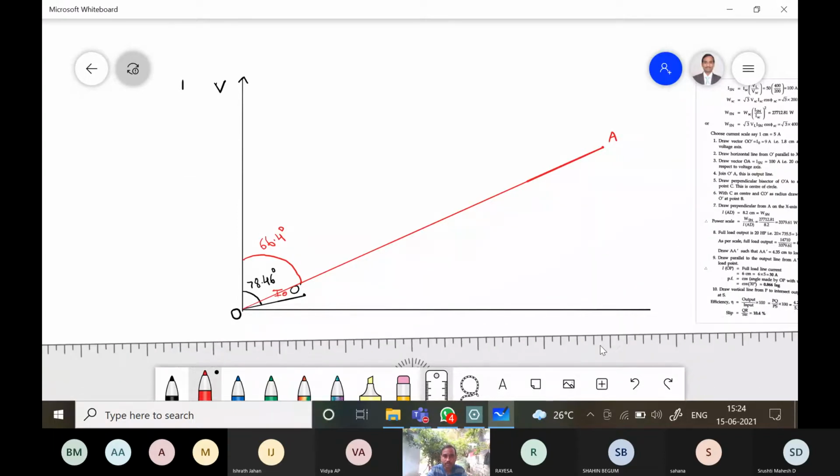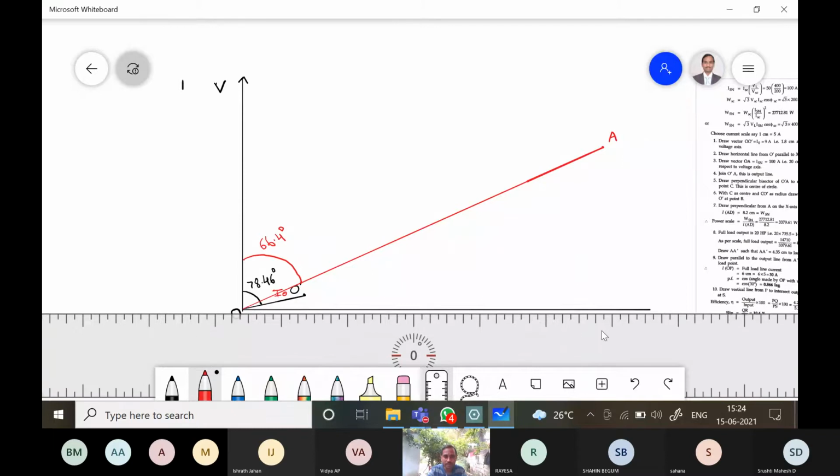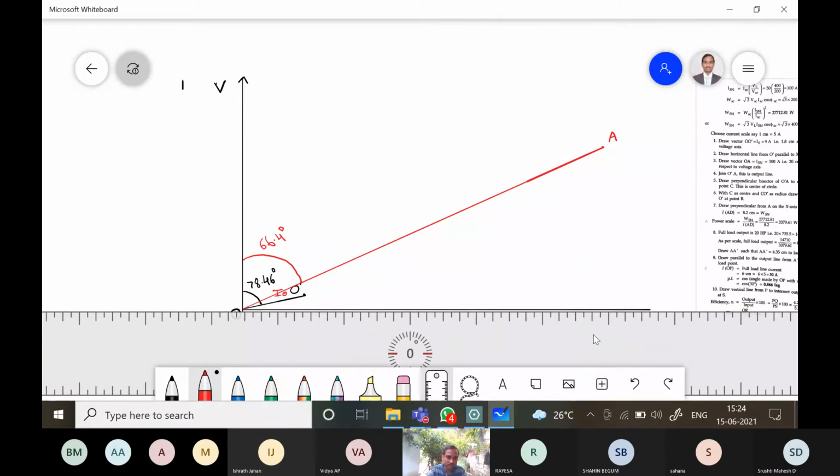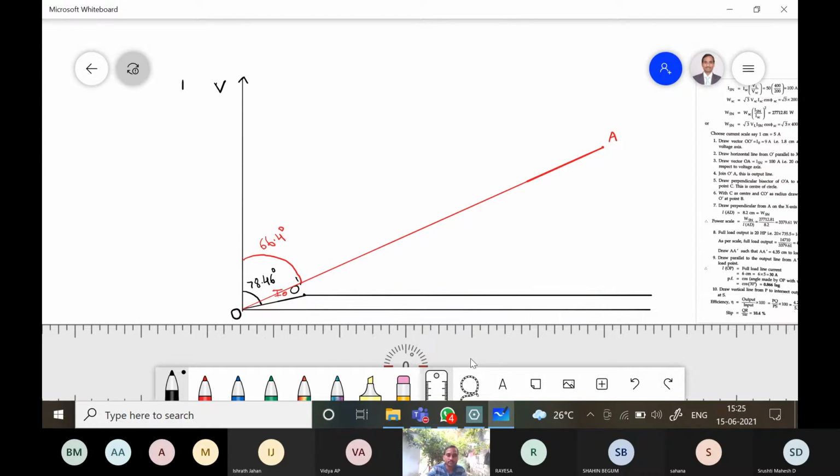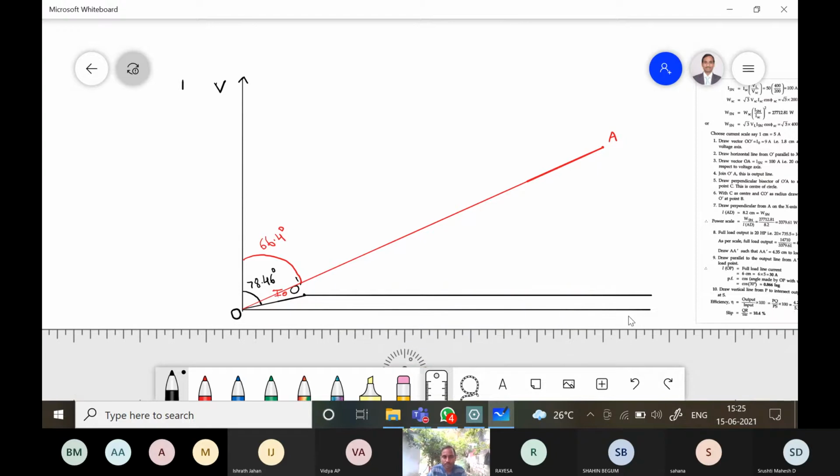And draw a horizontal line from O dash. So this is O dash. Draw a line parallel to the horizontal axis, up to here.